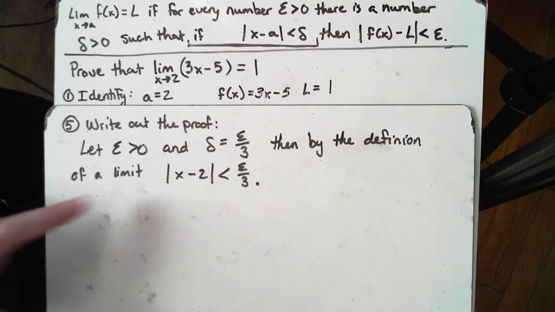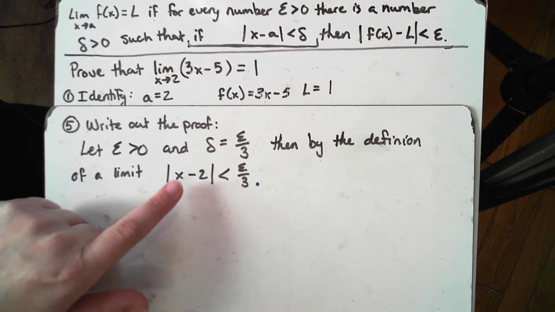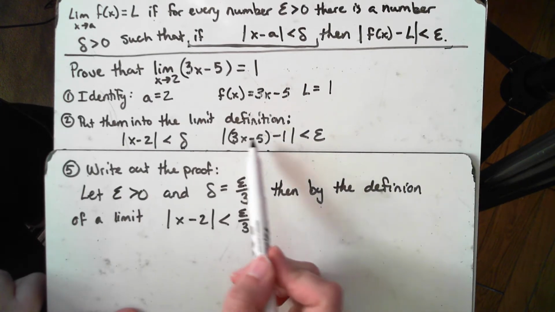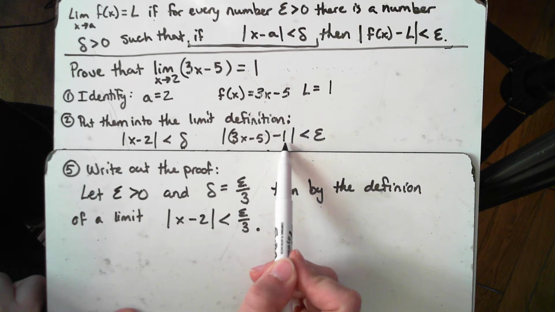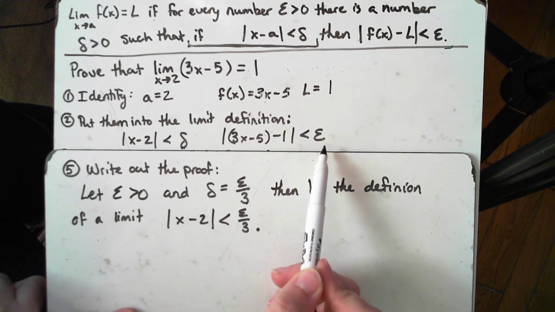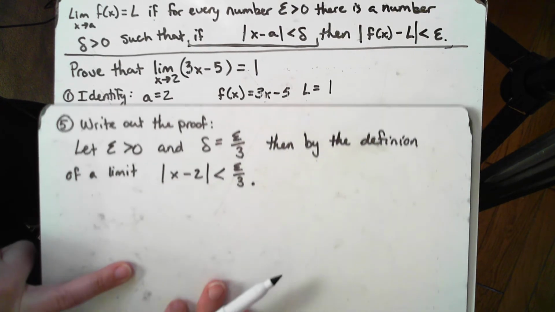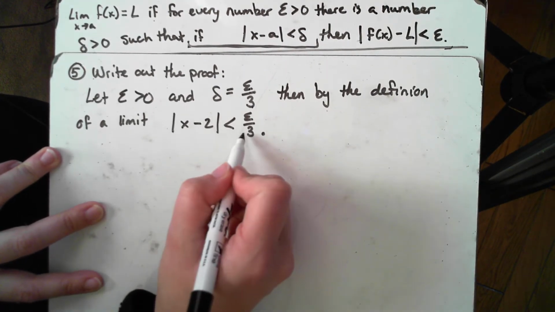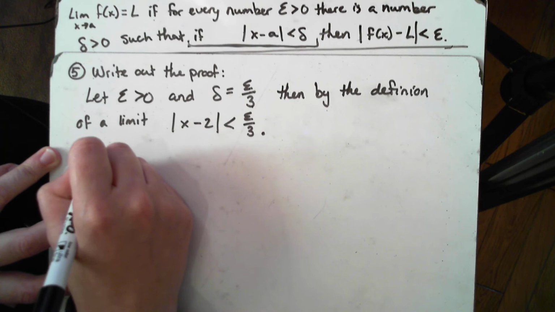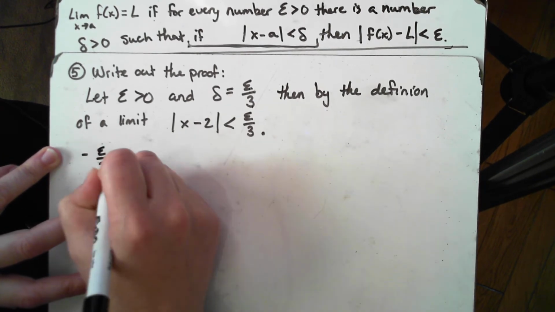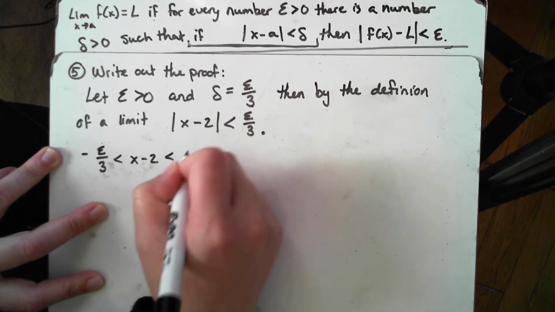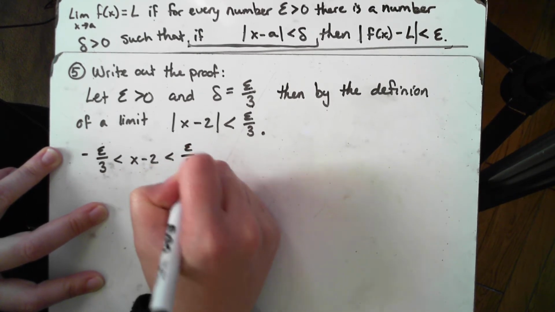Now I'm going to again do some math magic with this to make this look like this: the absolute value of 3x minus 5 minus 1 is less than epsilon. So math magic, here we come. I'm going to separate this out again. Negative epsilon over 3 is less than x minus 2, which is less than epsilon over 3.